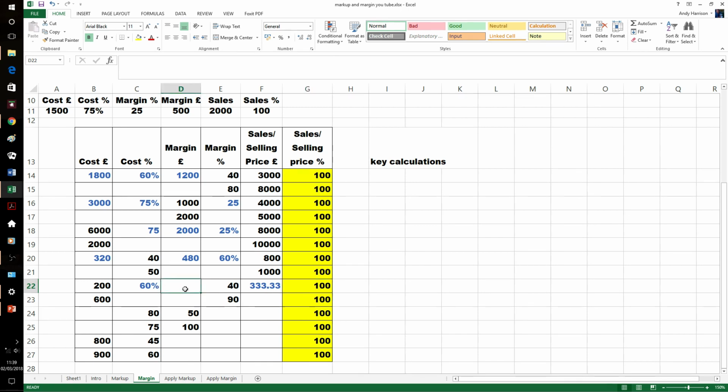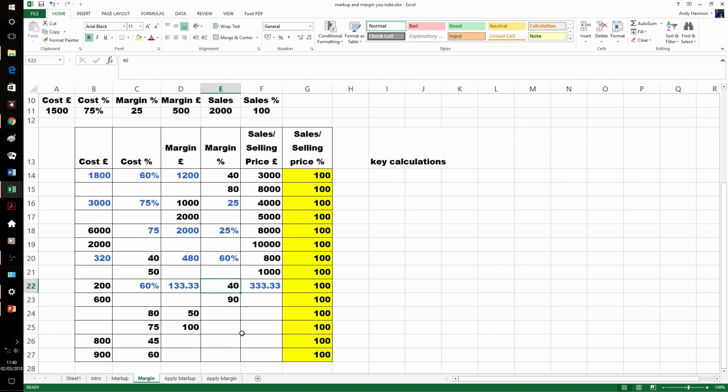And this one, we've got alternative ways. We could either just work out the difference, or we could again take the 200 divide by 60 times by 40, get the same answer as if I took the 200 off the 333, £133.33, and that adds back up.